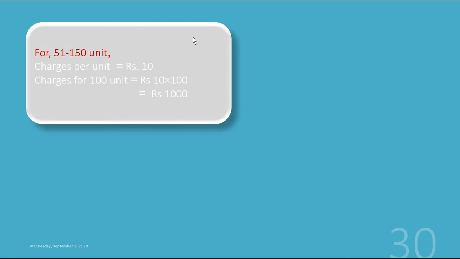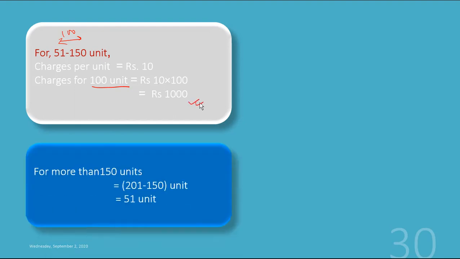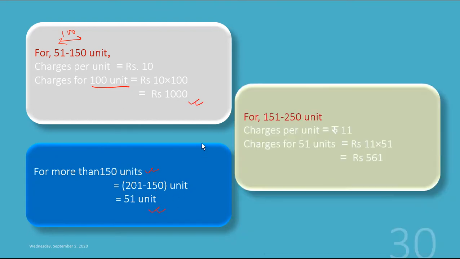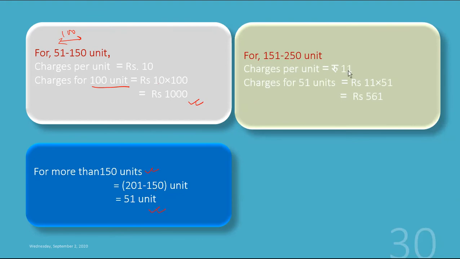And the third is 51 to 150 units. What is the gap? This gap is 100 units. So for 100 units, 10 times 100 is 1000 rupees. For more than 150 units, you have to find 201 minus 150, which is 51 units. For 51 units, the charge per unit is 11.